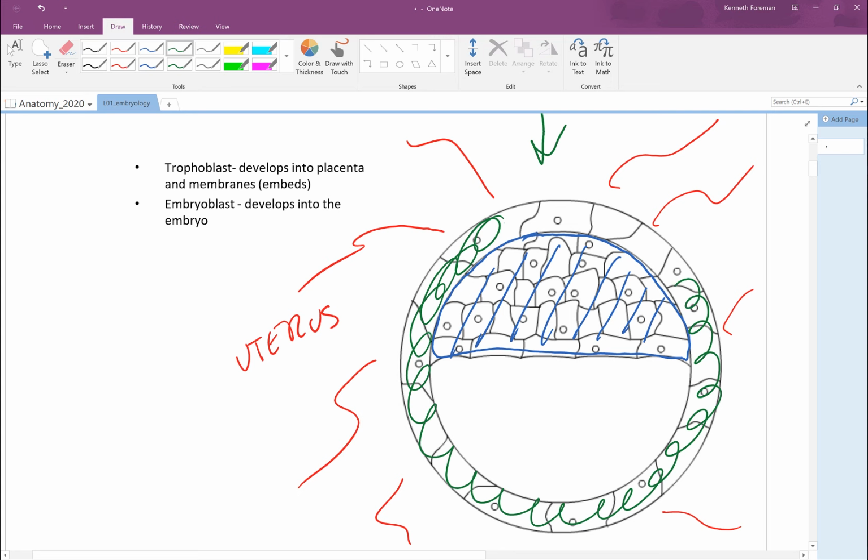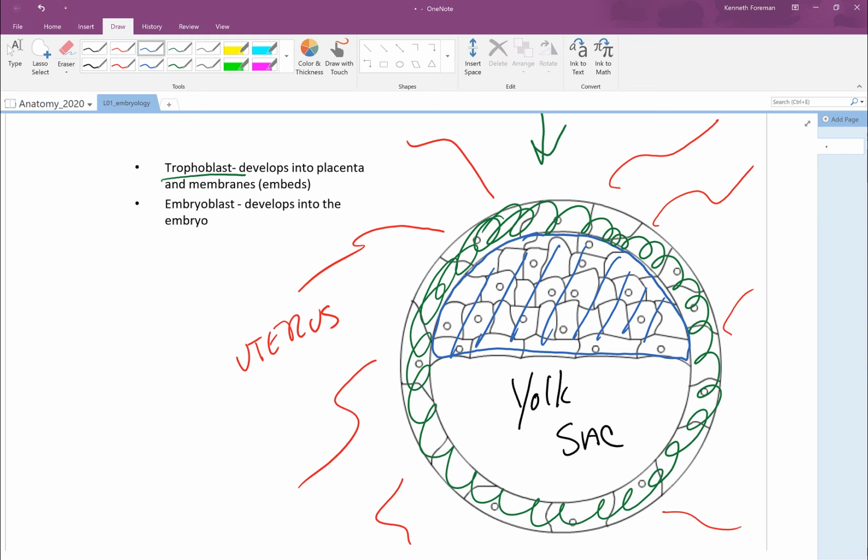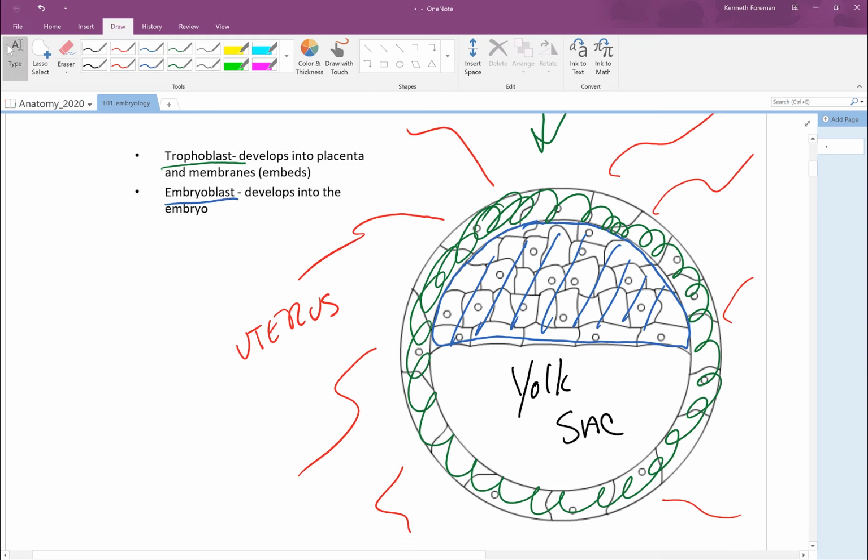We have a hollow spot in the middle, and we call this hollow spot the yolk sac. Again, the trophoblasts develop into the placenta and membranes, whereas the embryoblasts develop into the embryo.